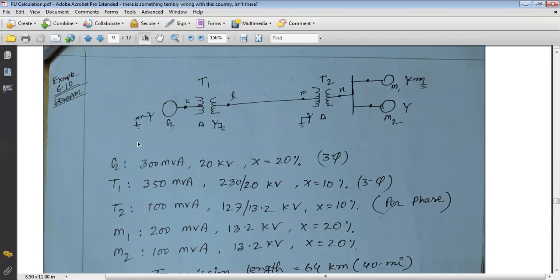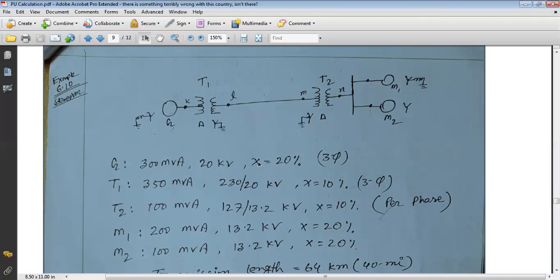If in any mathematical question the value is given per phase, single phase or line to neutral, we have to convert it first to a three phase value. Another thing is we have to calculate our base voltage from a perfect match between the question and a particular device, like here the perfect match is the generator portion, 20 kV.